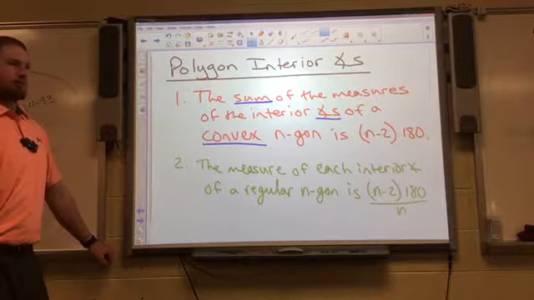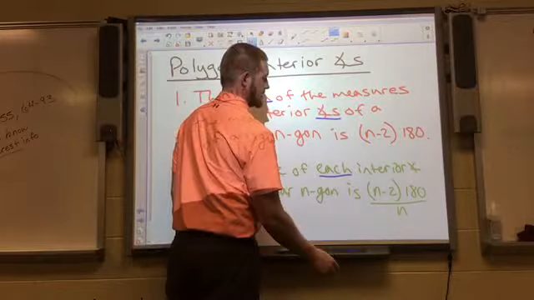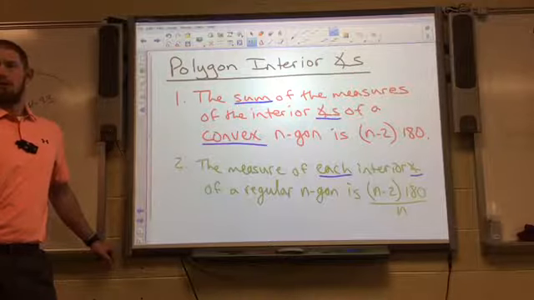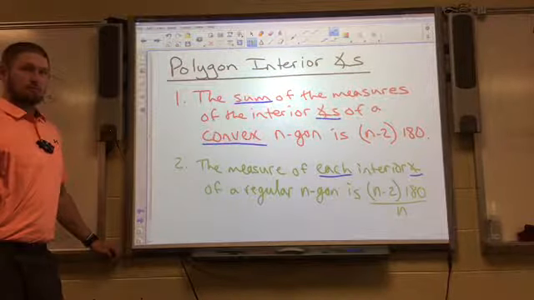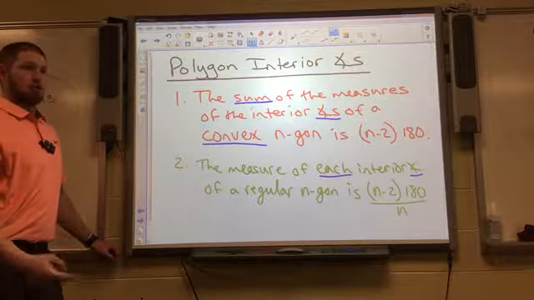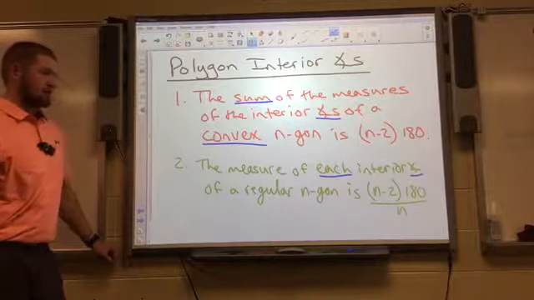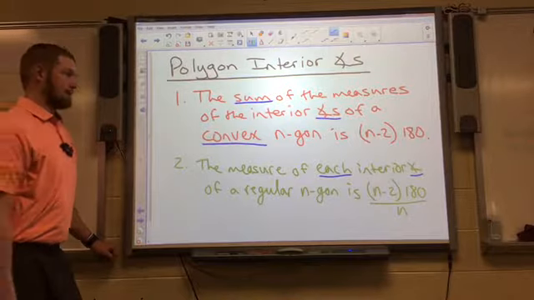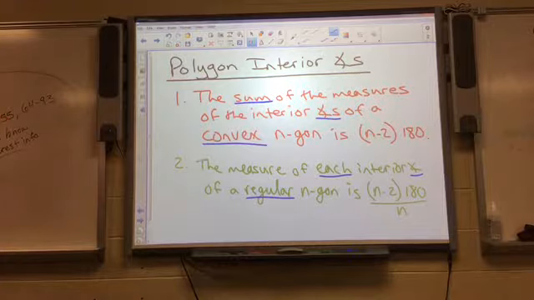What are some key words out of this one? I heard somebody say each angle, right? That's probably pretty important. So in this theorem, what am I finding? I'm finding each angle measure, not all of them added together. I'm finding each one individually. What else is important out of here? It must be regular. So in an irregular shape, does this work?